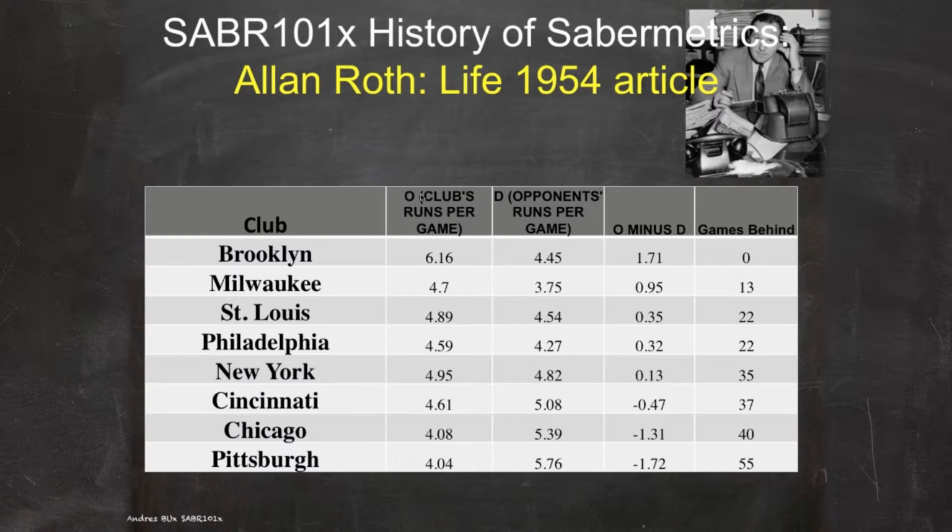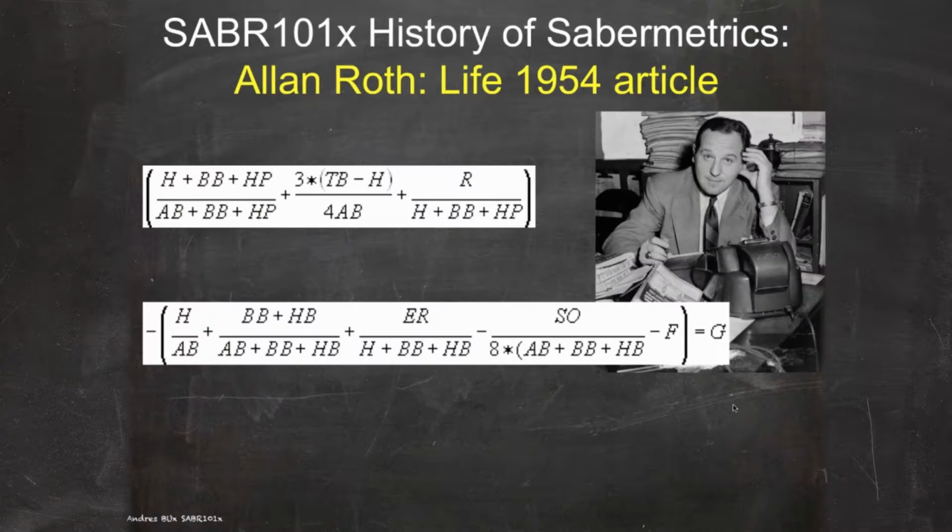O, offense. This is straight up runs per game. This is not the formula that is on the next slide. D for defense. This is runs allowed per game, remember. This is just straight O minus D. But the whole point is to model the efficiency here, how well teams do relative to one another.